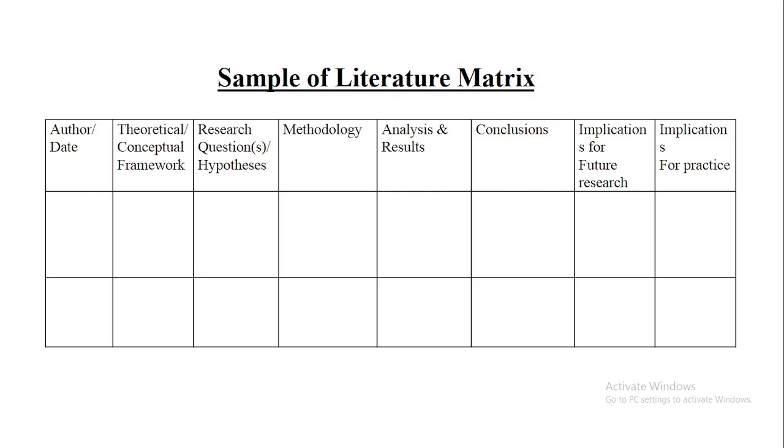Now, what is a sample of the literature matrix? This is a sample with different columns in a table. You can see the author or date column, theoretical or conceptual framework, and up to the last, the implications for practice. There are various types and samples of the literature matrix available, and you can use any one according to your field of study.